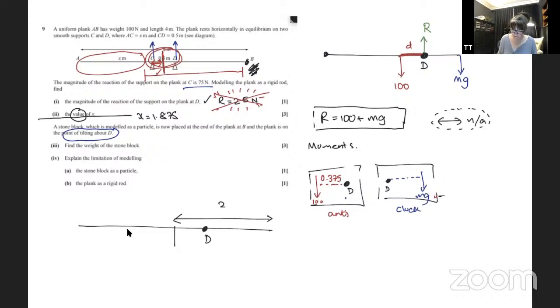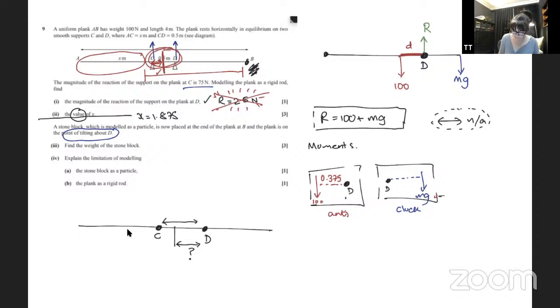So there's D. And we want to know what this is. And we have no other information, so we can't find that as it is just using that and that. So instead, let's look at C. I'm trying not to draw it equidistant. So there's C. And let's draw it like this.